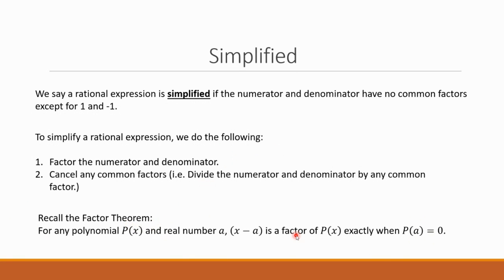And remember, I just wrote down what that says, as a reminder. If you have a polynomial p of x, and a number a, x minus a is a factor of it if and only if, that is exactly when, p of a is 0. You'll see in the example we do shortly that, let's say x minus a was a factor of the denominator, and somehow we were able to factor it.